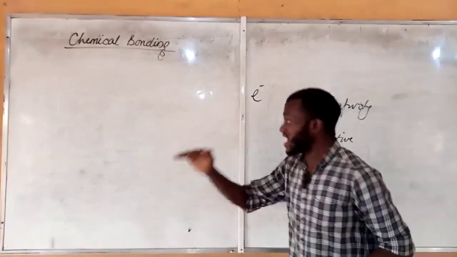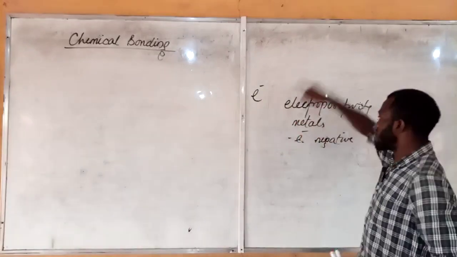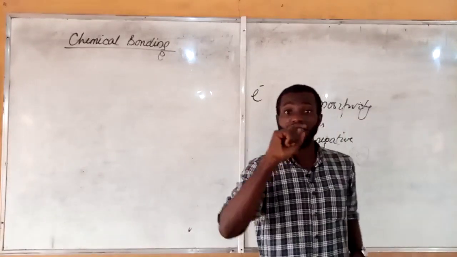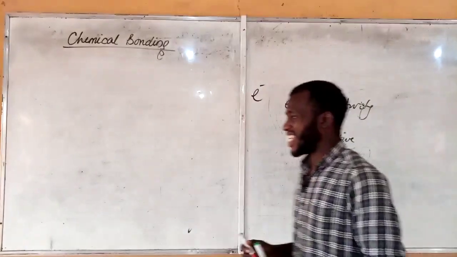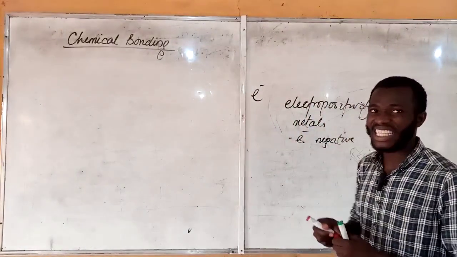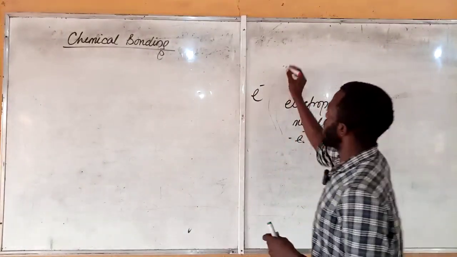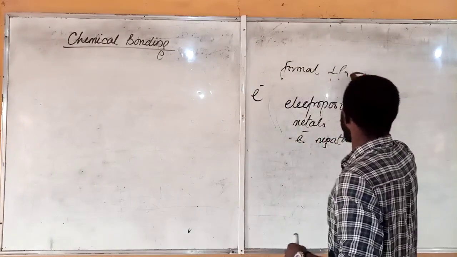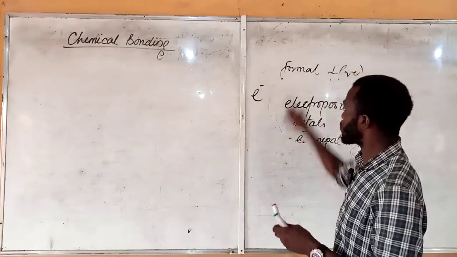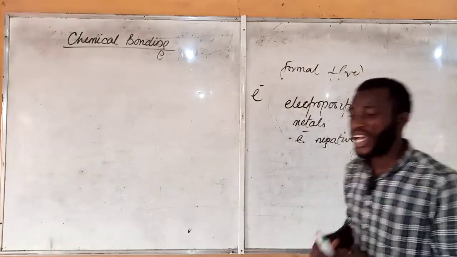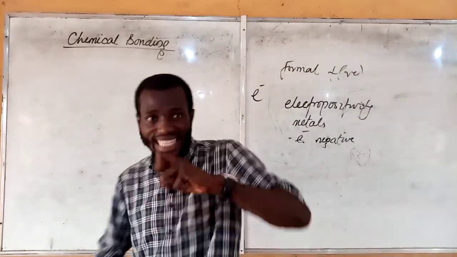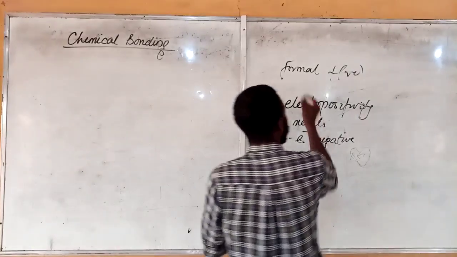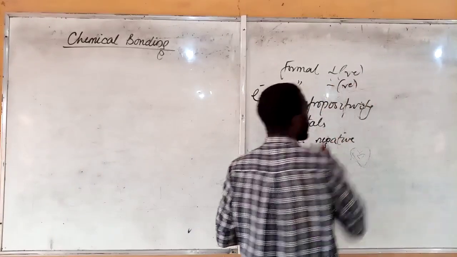Now, if the atom gives electron, it is electropositive and is going to get what is called a formal positive charge. And this is very essential. It is a formal positive charge. And the species that takes the electron is going to gain a formal negative charge.